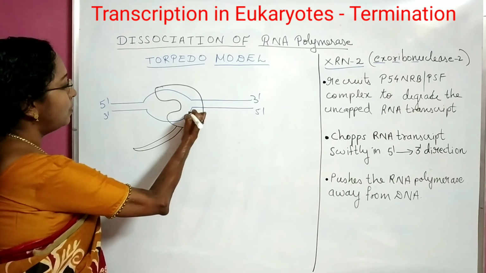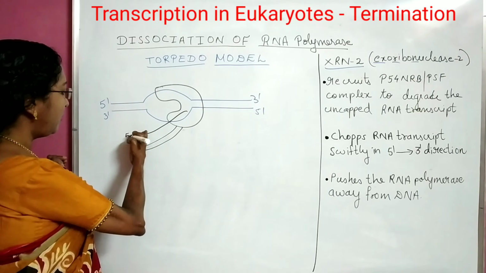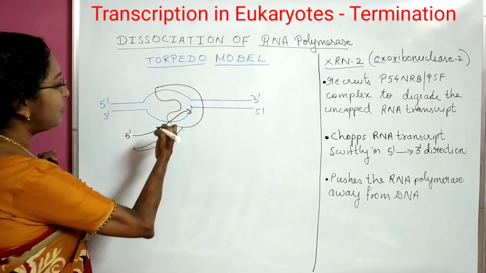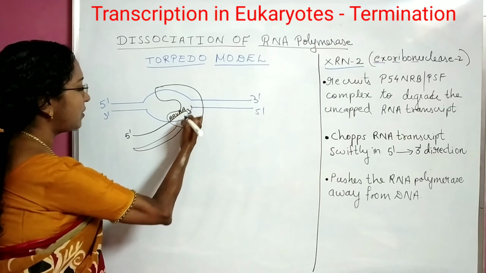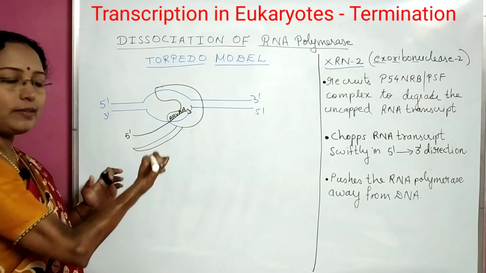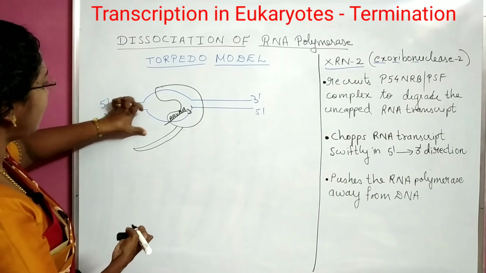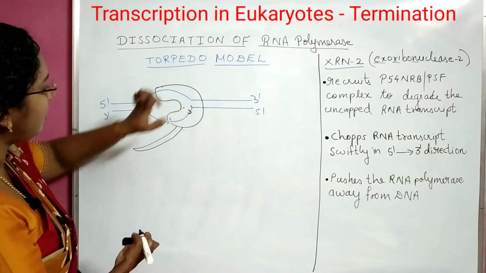Now a new RNA molecule is getting formed in the 5' to 3' direction, and as soon as the AAUAA signal is reached, this RNA is getting cleaved. Now this RNA is no more present here, it is getting cleaved by the CPSF factors, CSTF factors and all.